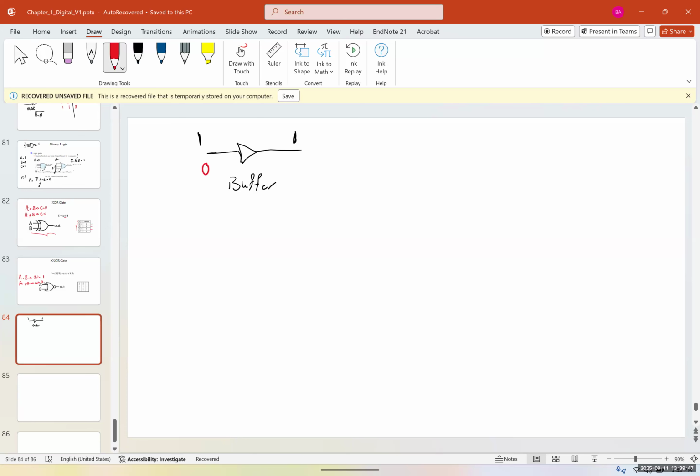If you give 0 in the input, you get 0 in the output. We just have it for preventing the load resistance from being converted to the input. There are different applications for the buffer, or for shifting something. The buffer looks like this. And if I add the circle at the end of the buffer, it becomes a NOT gate.